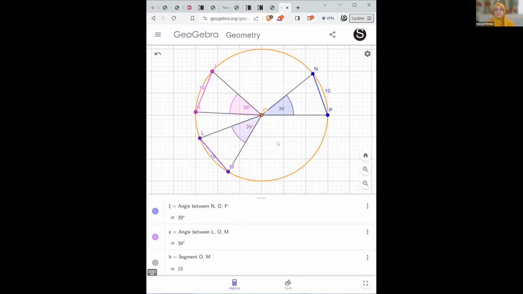We should note it down, right? The theorem, yes. My screen has not started sharing it.